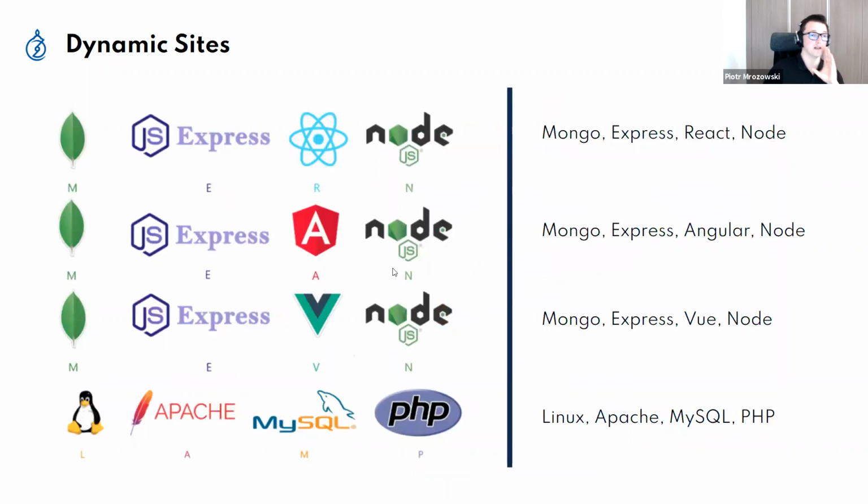Okay. The stacks I mentioned before. You might be asking yourself, why did I put 4 stacks that basically look the same? They just copy pasted and forgot to change stuff, and just one that looks different. Why I put them here is because all of these 3 stacks only require the knowledge of JavaScript.